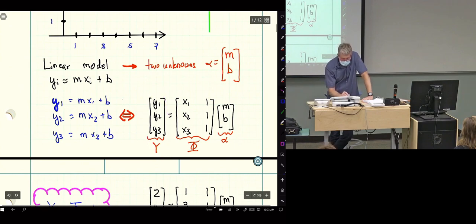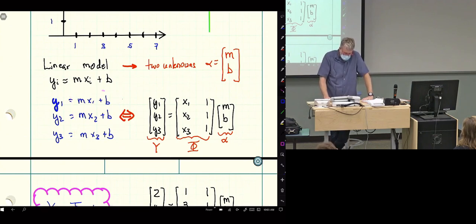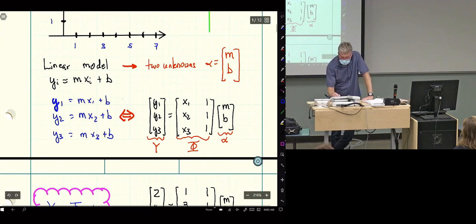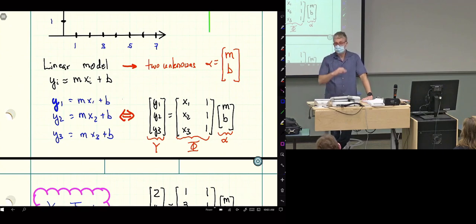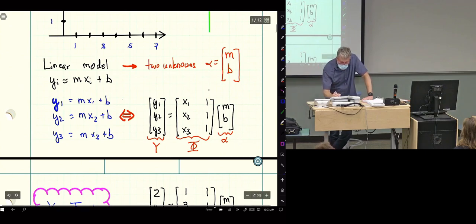And then I do what we did in week 1 of the course. I write this as a matrix times my unknowns. My unknowns are the slope and the y-intercept. And if you want to put them in the opposite order, it's fine. That would move this column to here and this column to here.